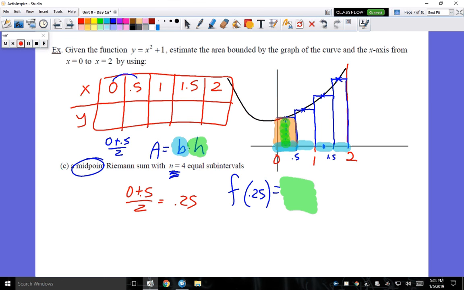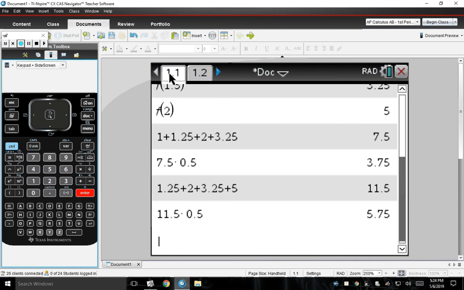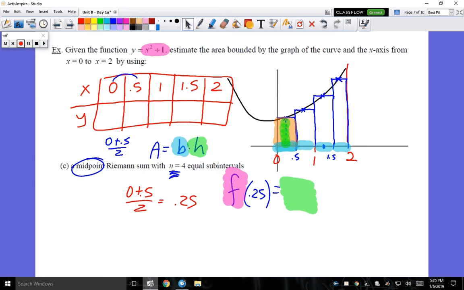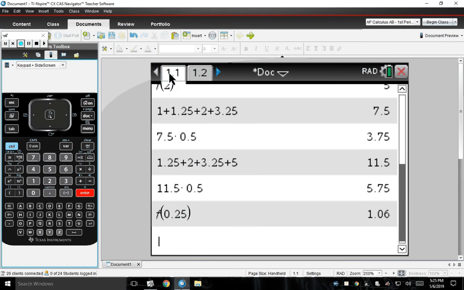Now at 0.25, if I plug it back into the function, let's see what we get as far as a y value height goes, okay? Let me go ahead and put f of, this is why I stored it the way I did, f of 0.25. We'd get 1.06. 1.063, okay?